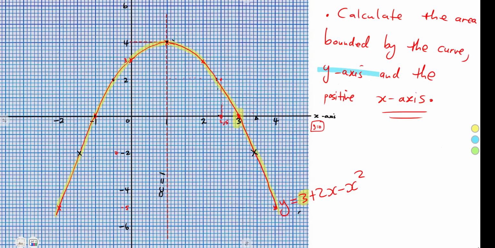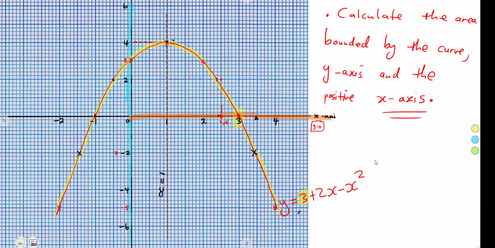The y-axis, this is our y-axis. You need the region that will be bounded by this. The positive x-axis, from the origin going to the right, like this. This is our positive x-axis.